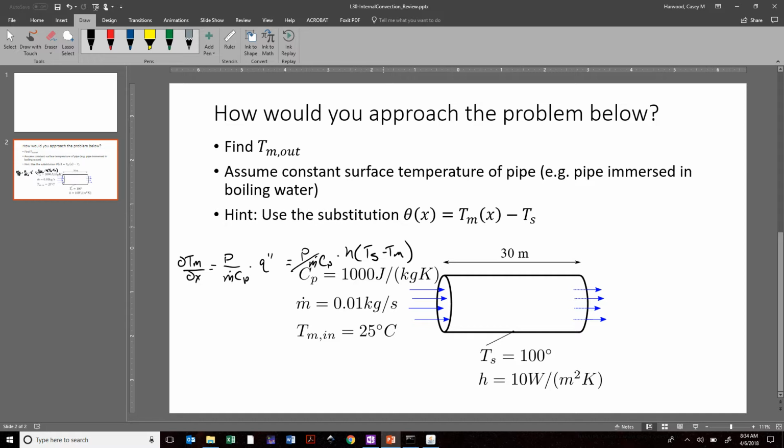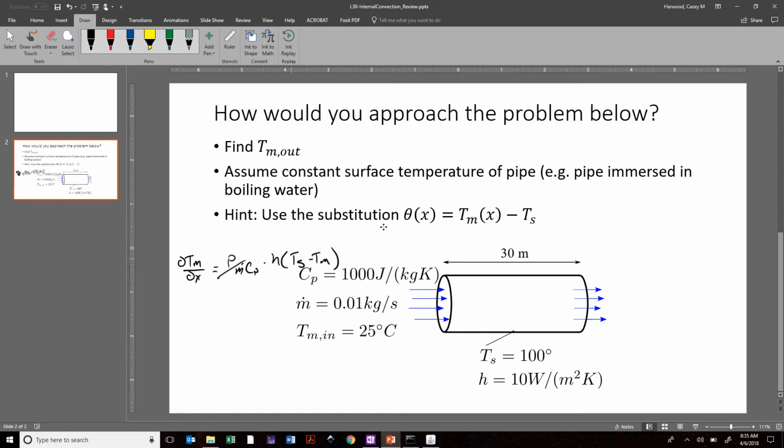So we're going to define theta, which is the difference between the mean temperature somewhere in a pipe and the surface temperature, Ts, and substitute that into the governing equation made up of this part, and let's go ahead and just get rid of this middle one and move that guy over.